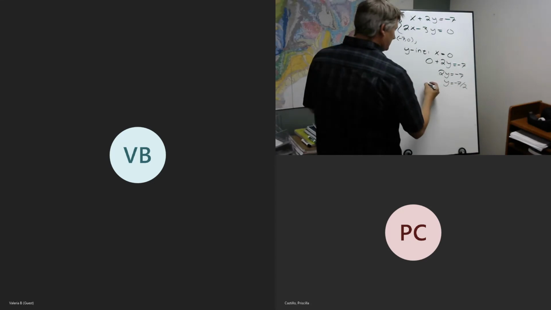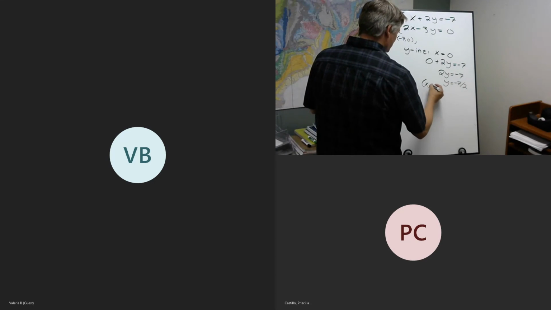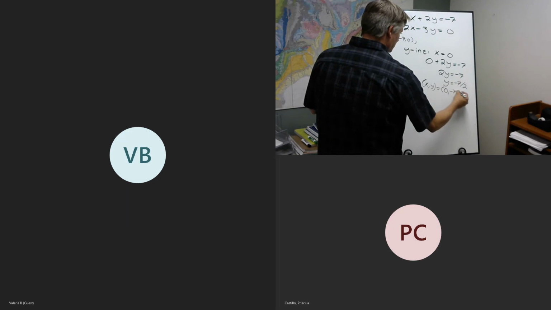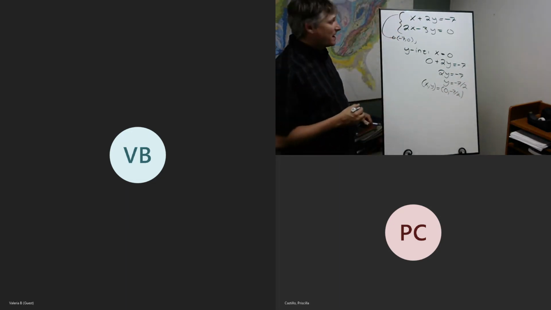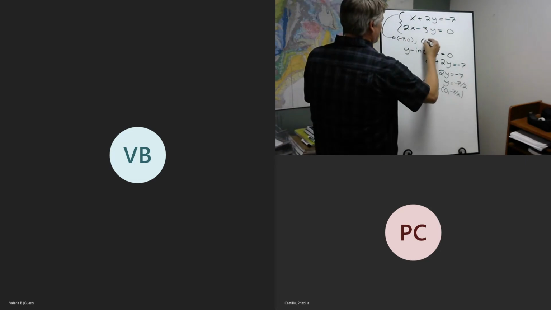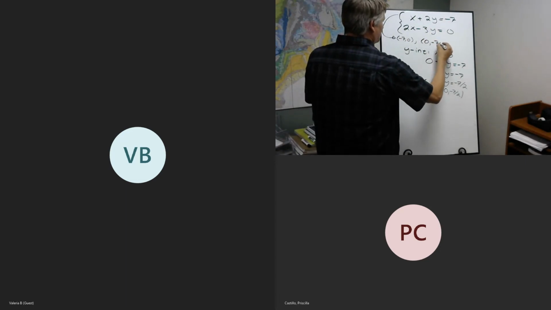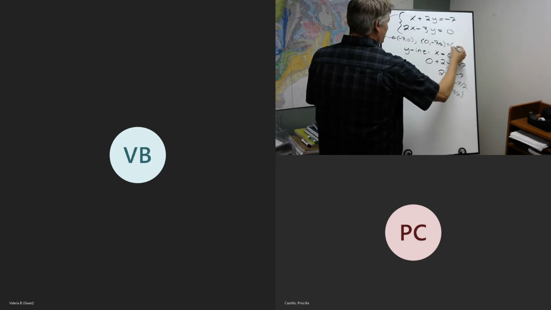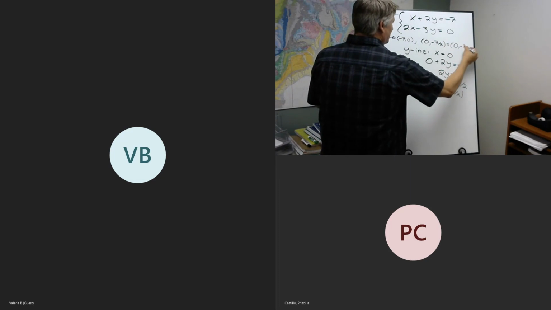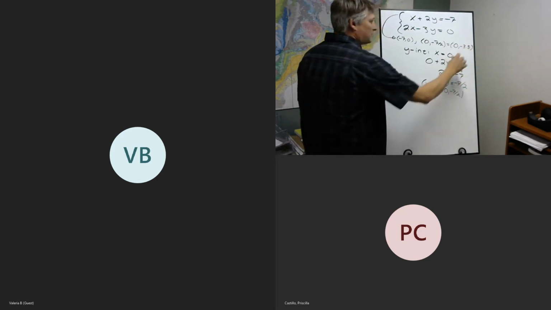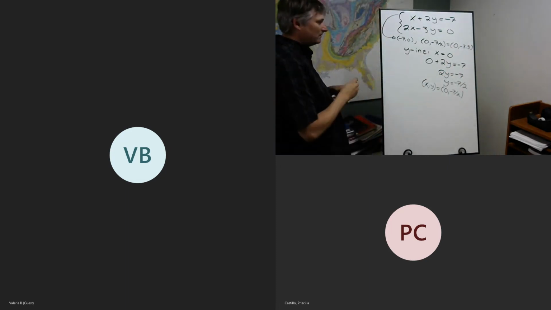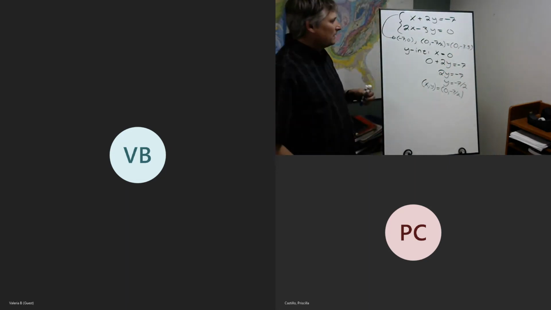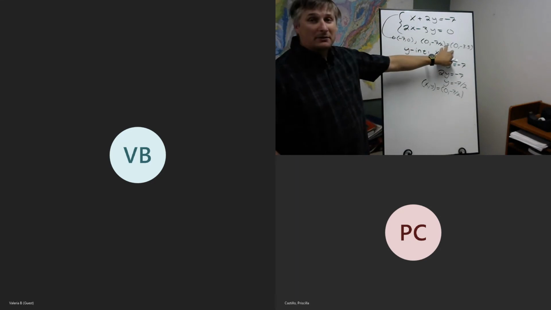So that means it's going to be 0, -7 halves. Or if you want, 0, -3.5. So here's the x, and there's the y-intercept.